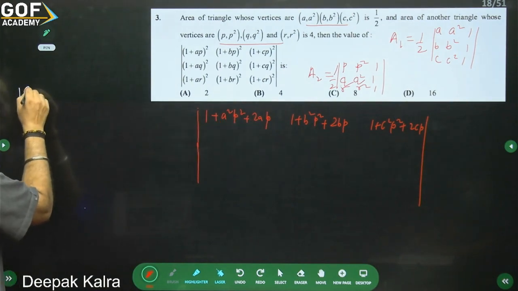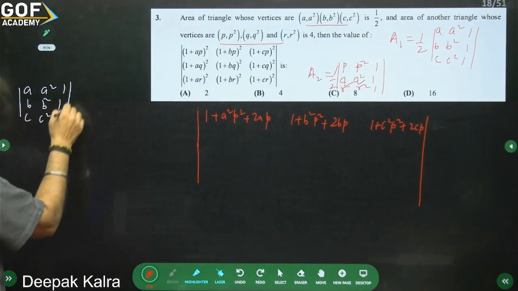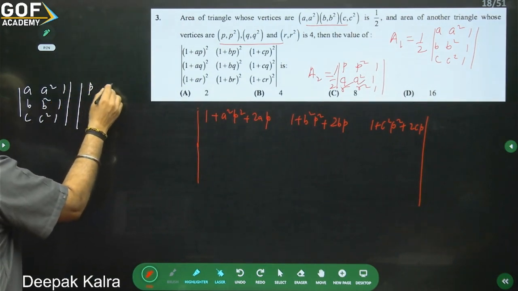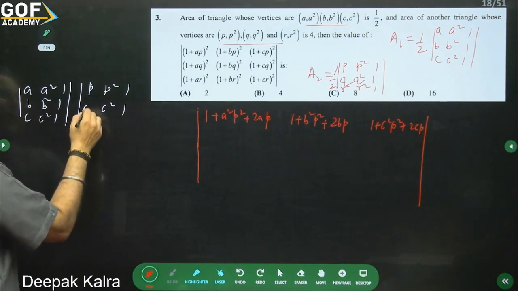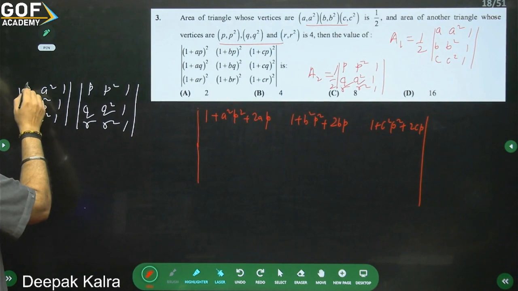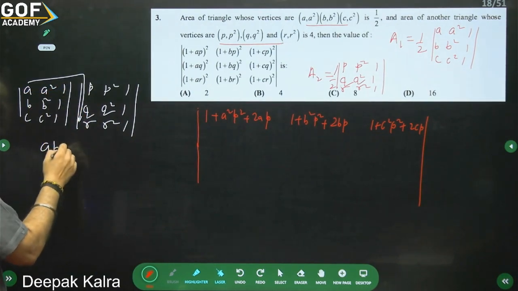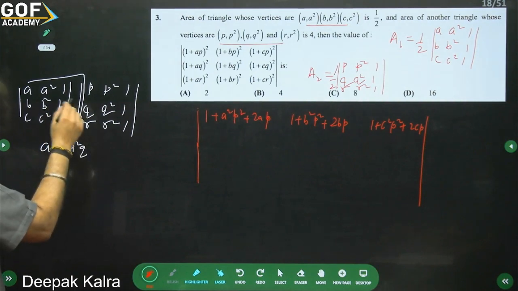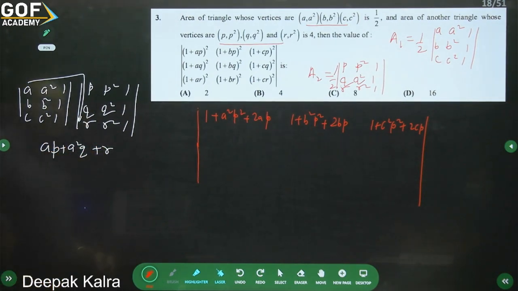If I write a square 1, b square 1, c square 1, and p square 1, something is being linked with that, na? You need to write it as q square 1, r square 1. When you multiply this with this, what do you get? You get ap, you get a square q, you get r. Is there any help you get from this place?